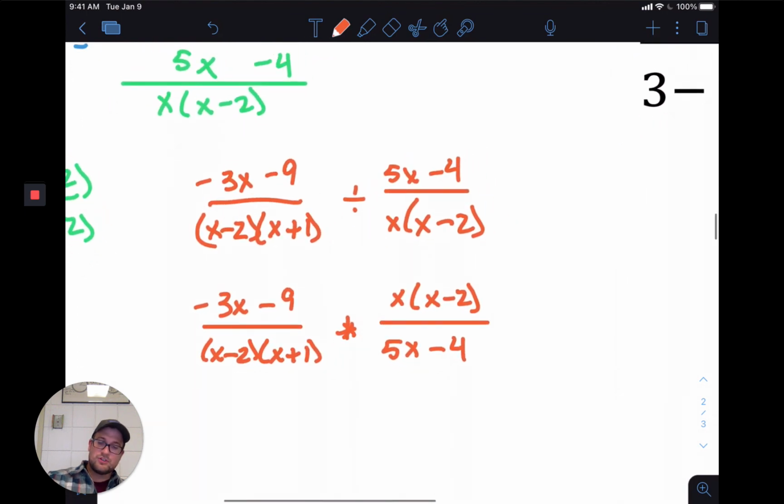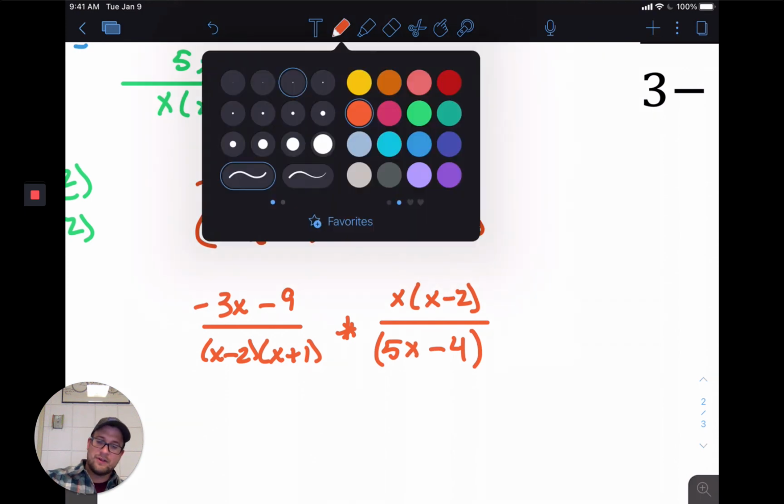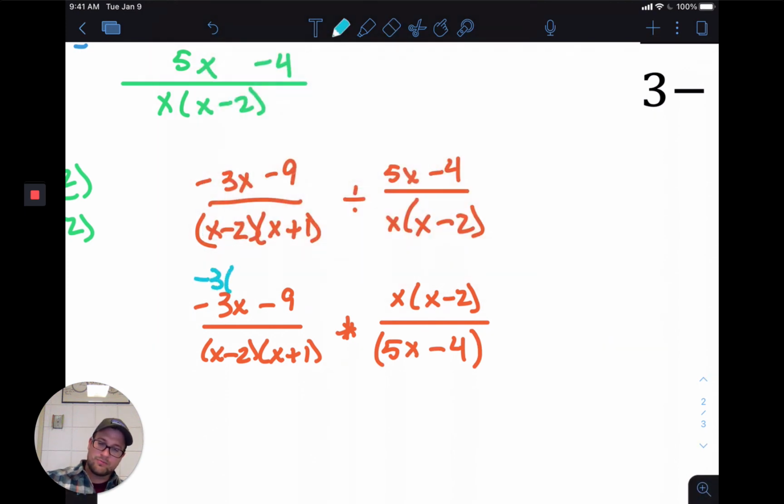Now, at this point, we should look for anything that will cancel, which we may or may not have anything. This is a quantity, since that cannot be factored. In our top numerator on the left-hand fraction, we could factor this by pulling out a negative 3 out of both expressions, and that would leave us with an x plus 3.